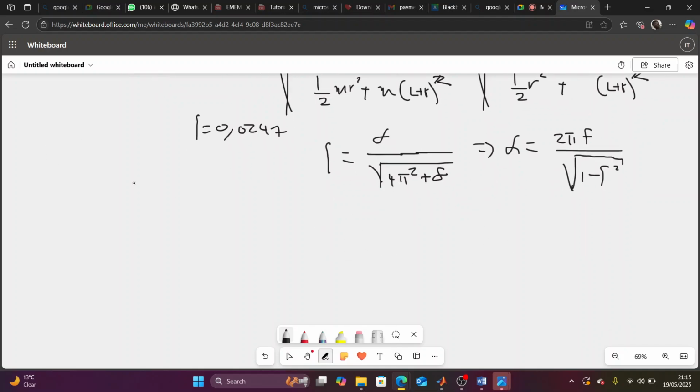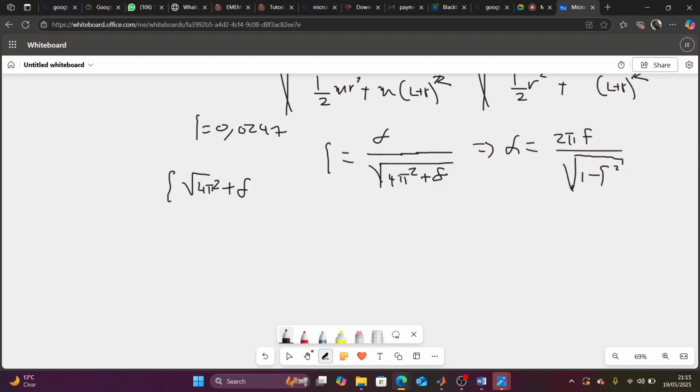But if we can prove it quickly, we can do it, right? So you will have zeta, excuse my zeta, I don't know how to write it, equal to the logarithmic decrement over the root of 4 pi square plus the logarithmic decrement. Is it logarithmic decrement square?